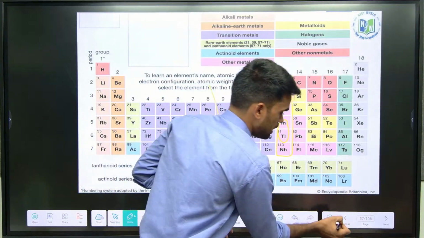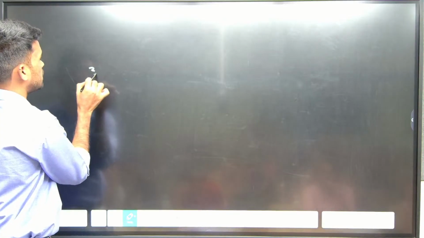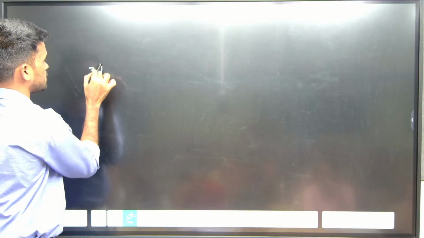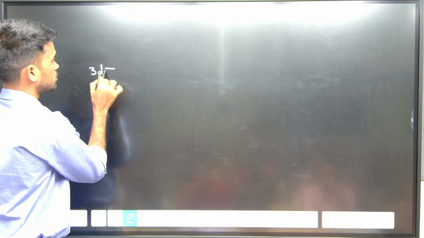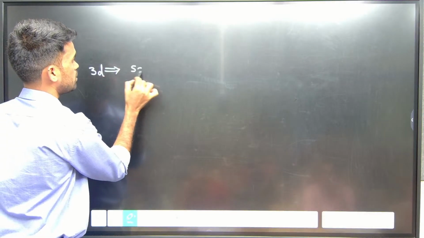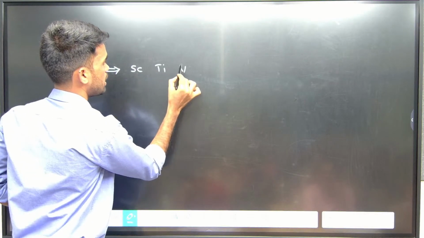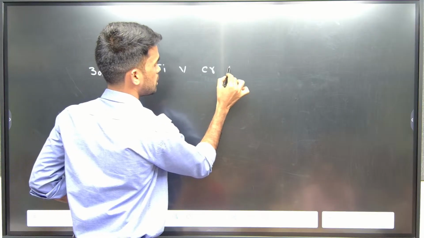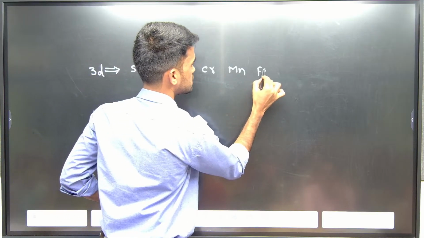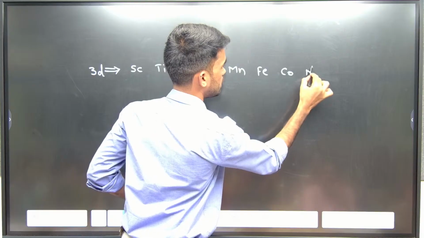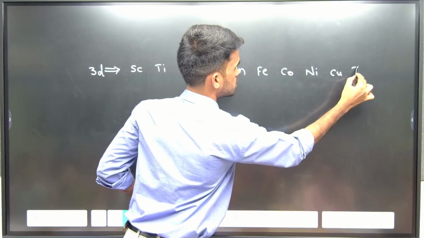Okay, right, let's write once again. Tell me, what are the 3D series elements? Scandium, titanium, vanadium, chromium, manganese, iron, cobalt, nickel, copper, zinc.